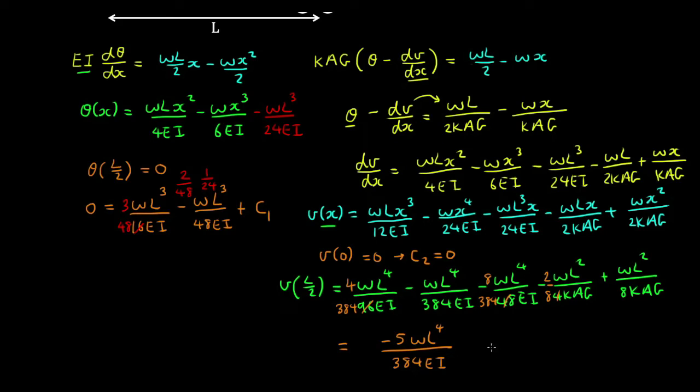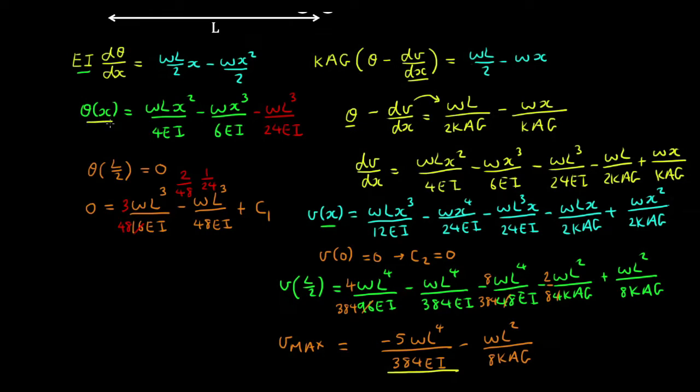And then minus 2 plus 1 is minus WL squared on 8 kappa Ag. And this here is the maximum deflection of the Timoshenko beam, with this component here being the deflection given by the Euler-Bernoulli beam, which doesn't account for shear deformation.